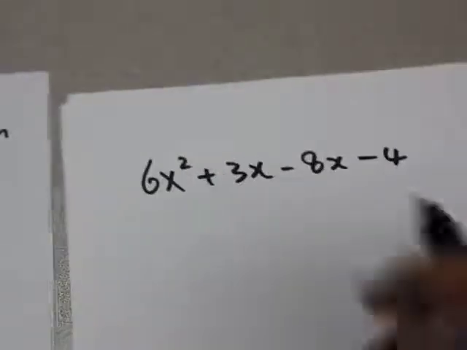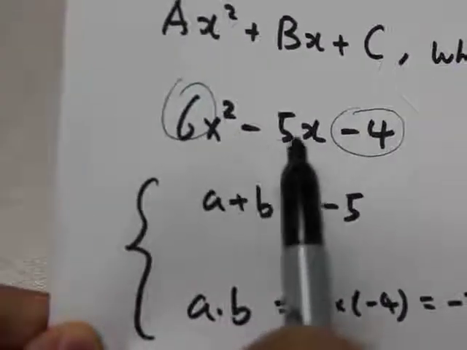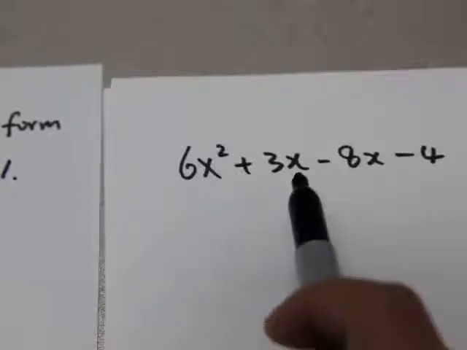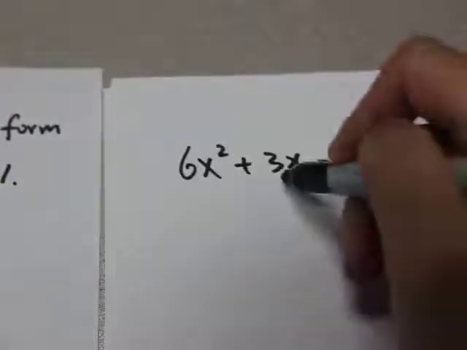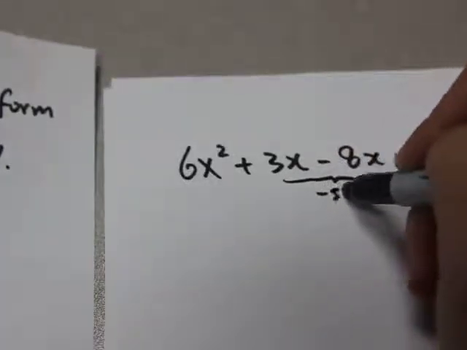Now you see, here we didn't change our original trinomial, because our original trinomial is 6x squared minus 5x minus 4, and this is 6x squared plus 3x minus 8x minus 4. If you combine these two, you still have a -5x, so you didn't change anything.